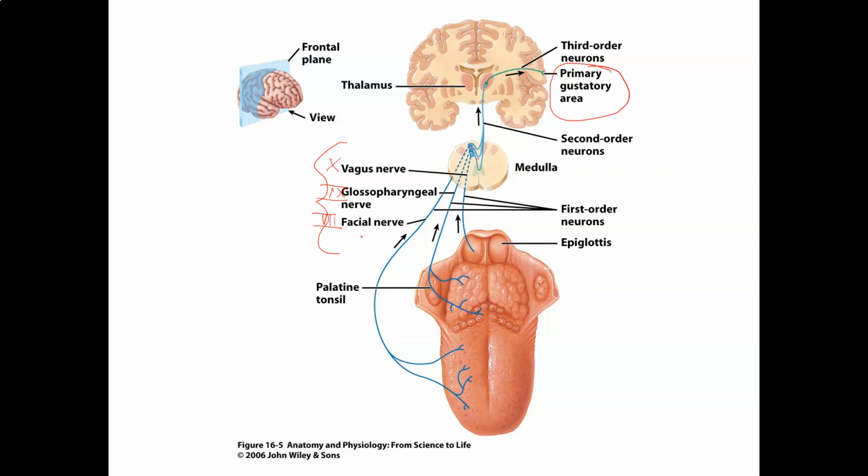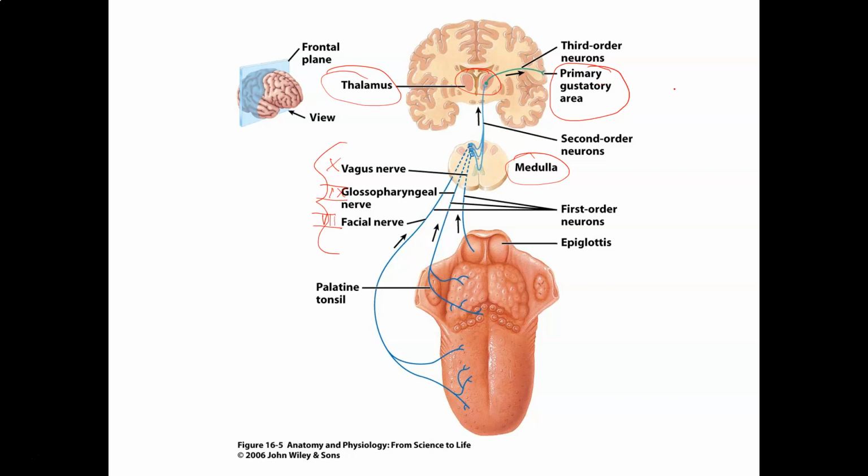So those cranial nerves carry these gustatory axons. They come up, they synapse in the medulla of the brainstem. They travel to the thalamus, and then from there to the primary gustatory area. Okay, so you may recall this from the brain, just to remind you, the thalamus is a major sensory relay center for sensory information going to the cerebral cortex.